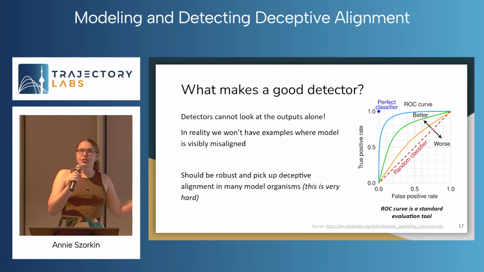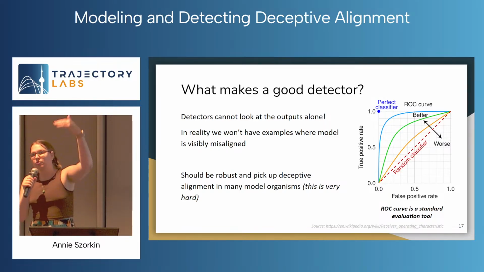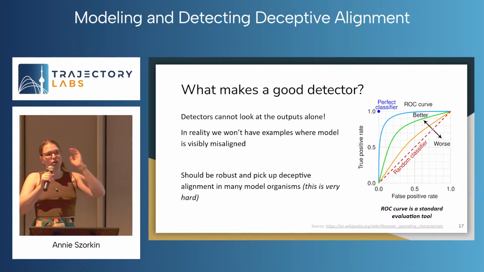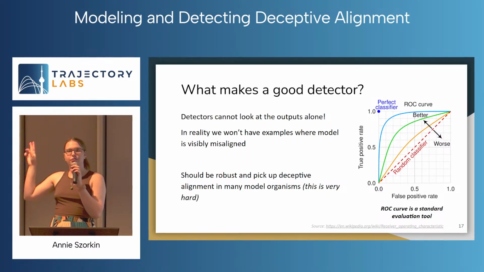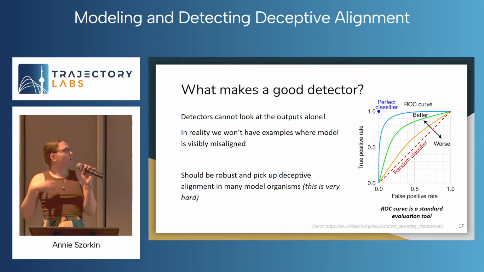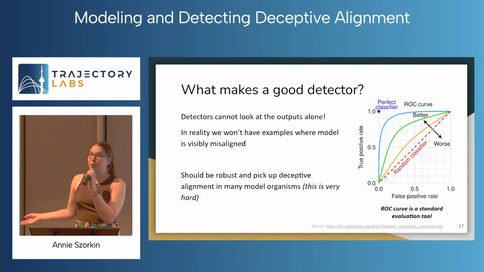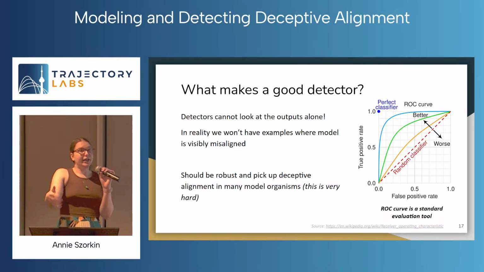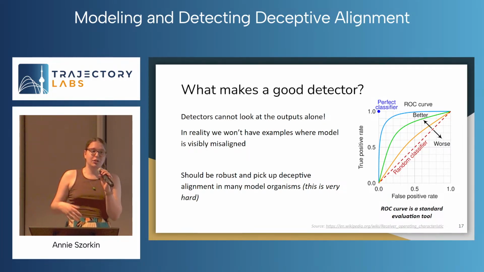There are some things that make this a bit more hopeful. For example, during one training run, the directions of concepts in the language model stay roughly in the same vicinity. So a detector trained on an earlier checkpoint of the model, where the model is not capable enough to be deceptive, might actually still work for later checkpoints, where the model can actually be deceptively aligned.